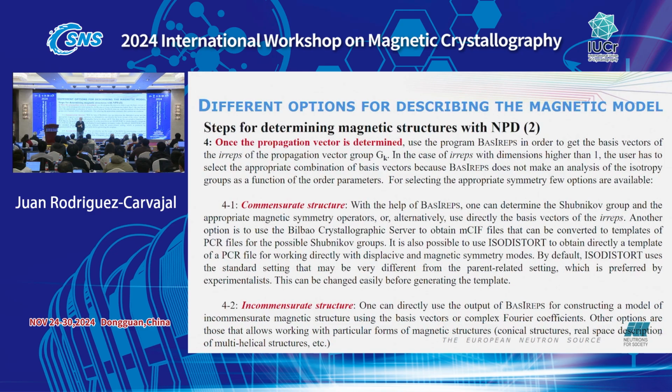The simplest and most extended way of working was BASIREPS, before the existence of all the things that we have done since. That was in 2011 in Madrid, in the formation of the Commission of the International Union of Crystallography, in which we try to implement and disseminate everything related with magnetic space groups and magnetic superspace groups.